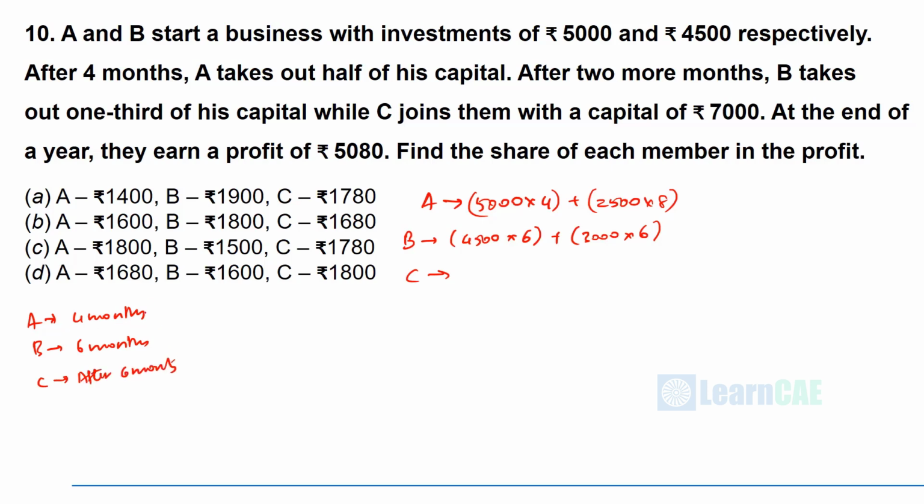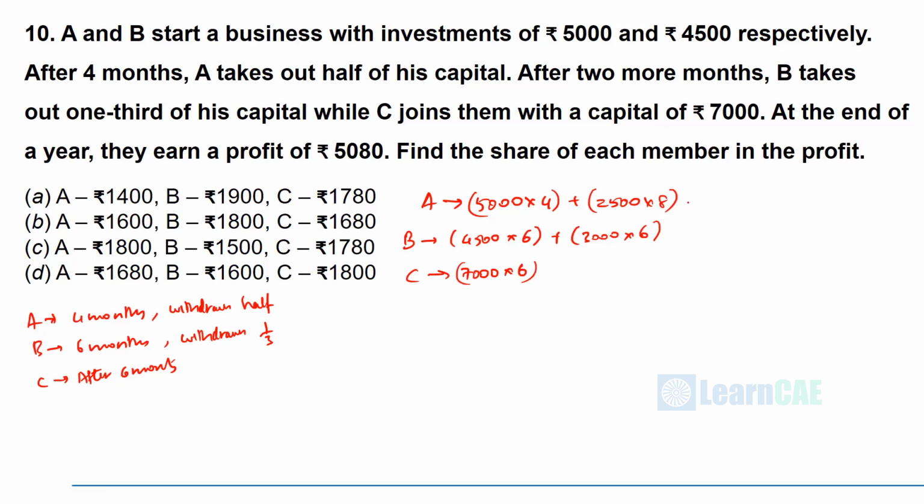Okay, it means A after 4 months he has withdrawn half. B after 6 months he has withdrawn 1/3, and C joins the business after 6 months. So C's contribution is 7,000 into 6 months.